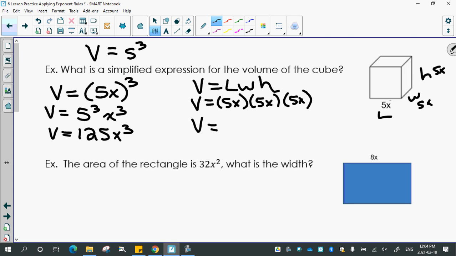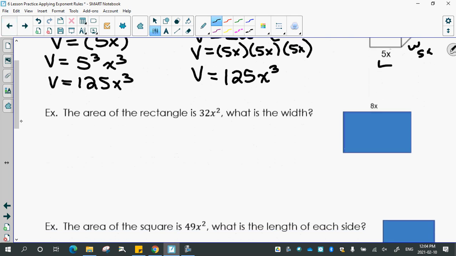So I would do 5 times 5 times 5 and get 125. X times x times x is x to the power of 3. So it doesn't matter whether I use side cubed for a cube or length times width times height for a cube, I'm going to get the correct answer, as long as I use the exponent laws properly. Okay?